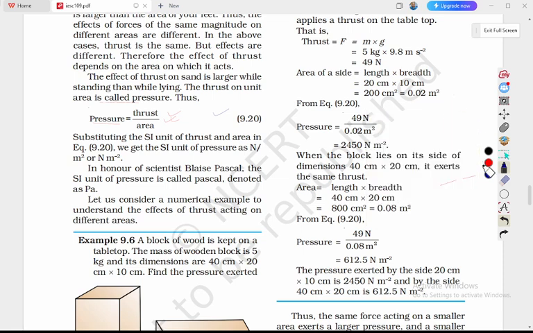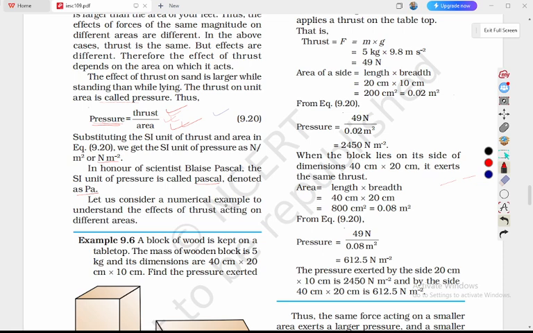Substituting the SI units of thrust and area in the equation, we get the SI unit of pressure as Newton per meter square. In honor of scientist Blaise Pascal, the SI unit of pressure is called Pascal, denoted by Pa.